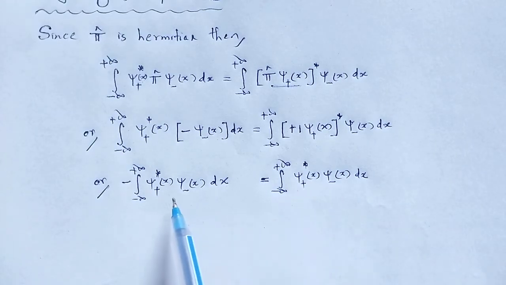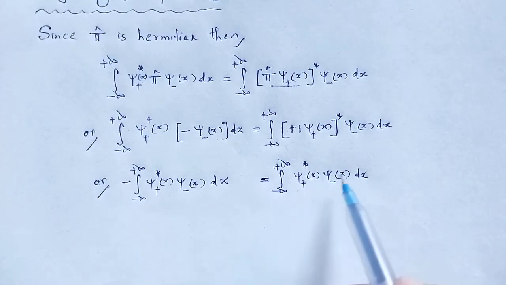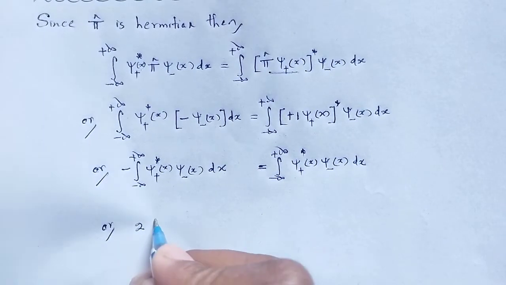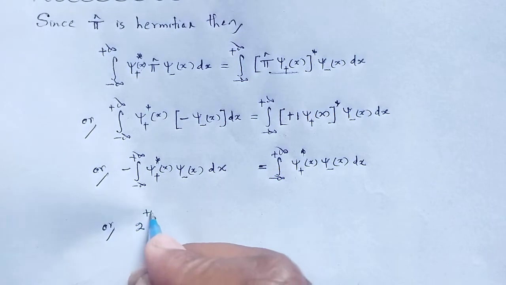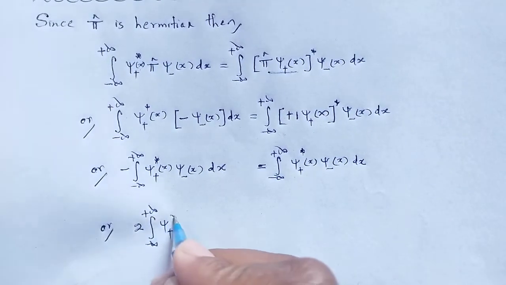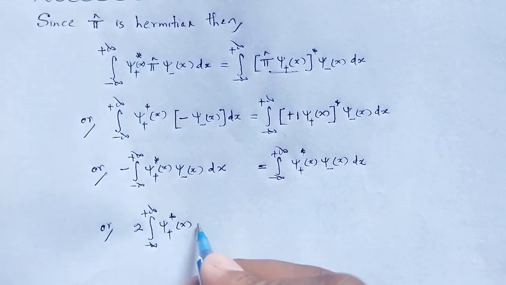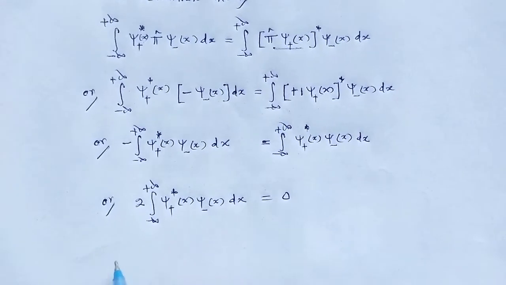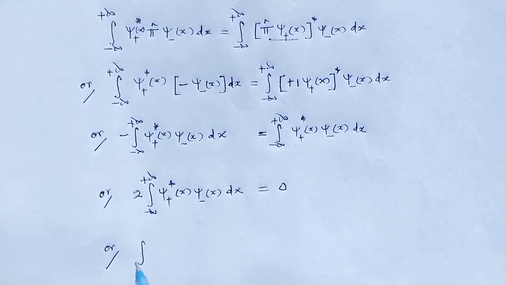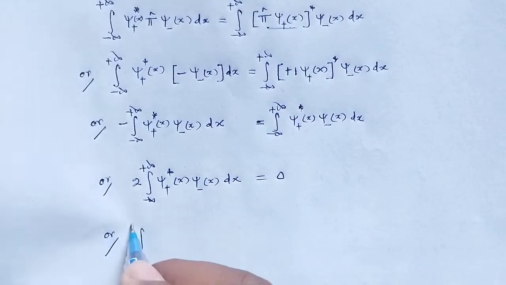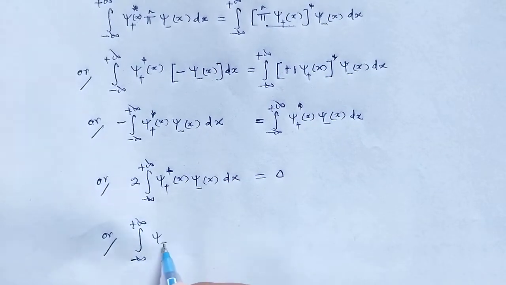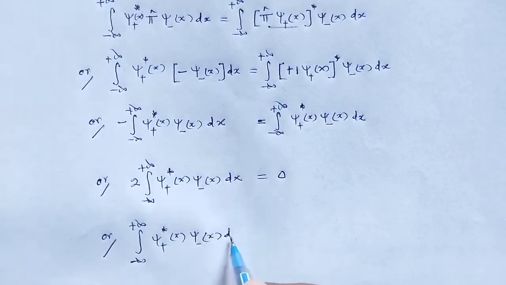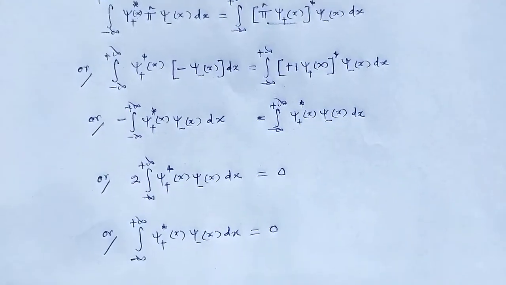When this goes to that side, there will be 2 times that integral, that is 2 times the integration over minus infinity to plus infinity psi plus star x psi minus x dx is equal to 0, or that is integration from minus infinity to plus infinity psi plus star x psi minus x dx is equal to 0.